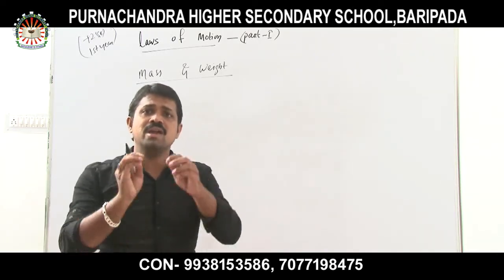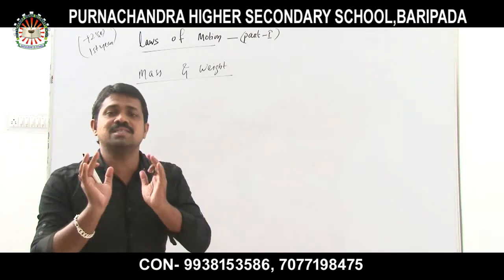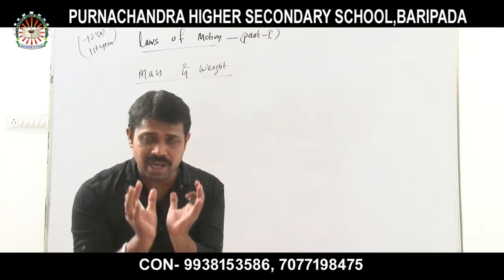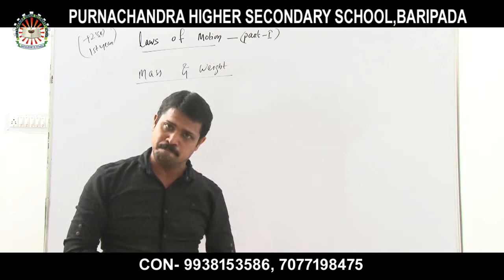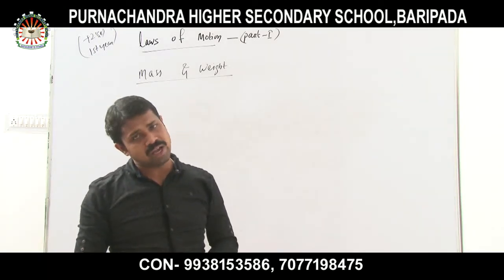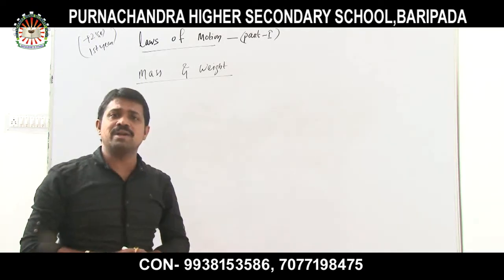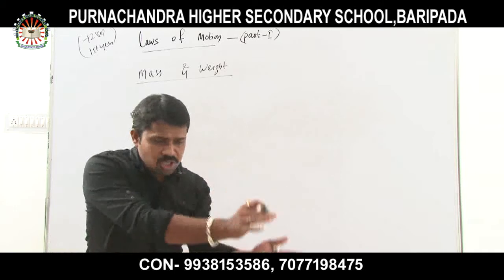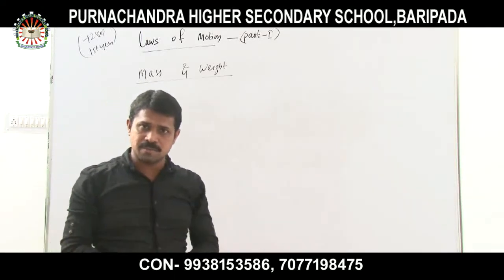Mass of a body is nothing but the quantity of the material present in a body. Listen very carefully. The quantity of the material gives me the mass of the body. And the mass of the body or object will not vary from location to location. It becomes fixed. This is mass.